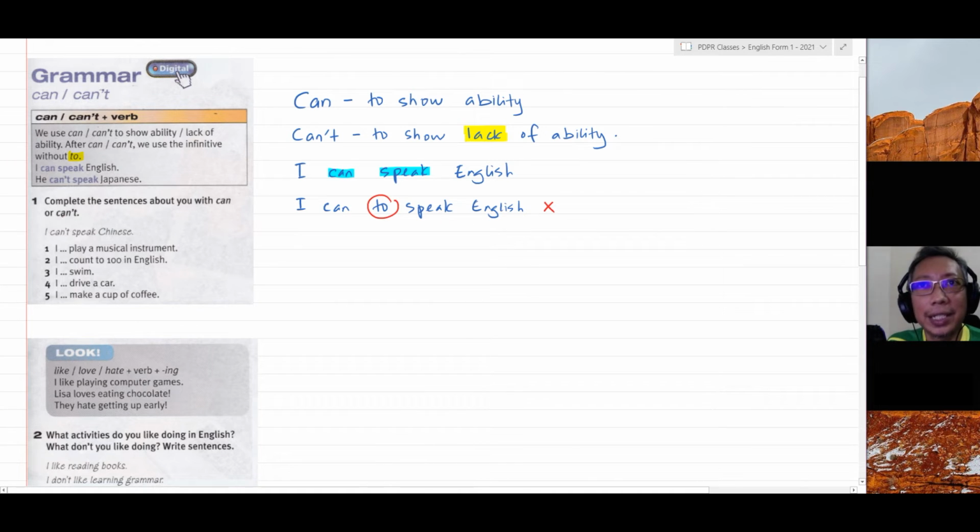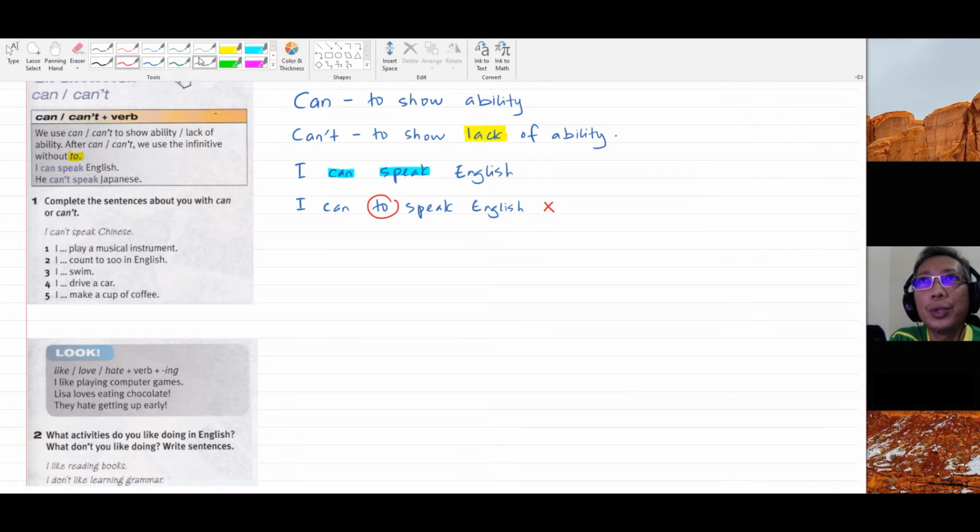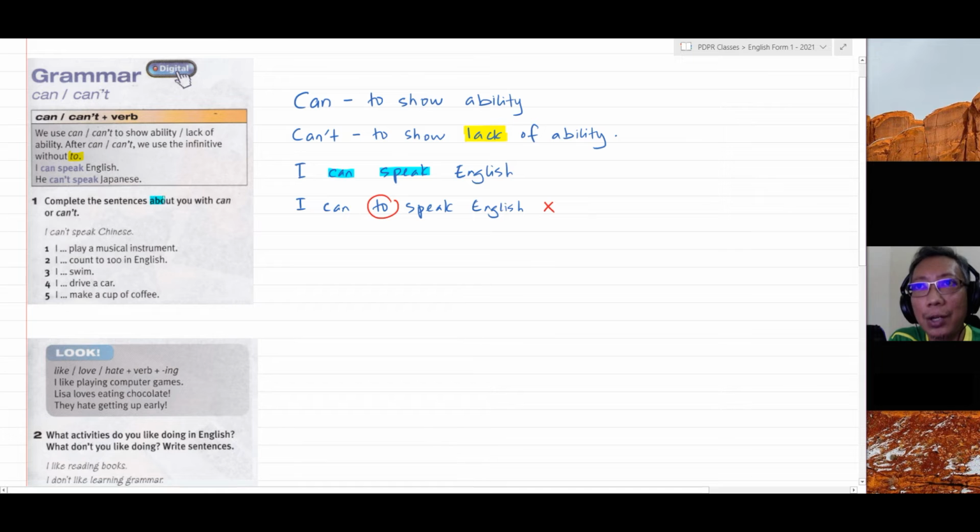Okay, the exercise. Complete the sentences about you, with can or can't. Meaning here, you answer these 5 statements, you fill in the blank space in these 5 statements according to you, whether you can or you can't do the things mentioned in the sentence.